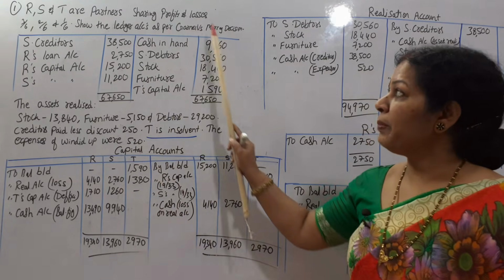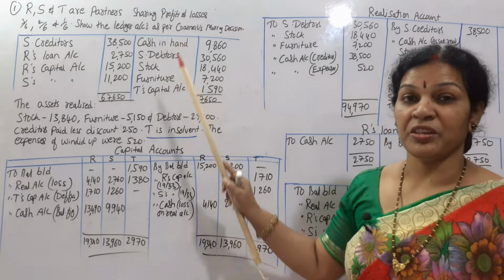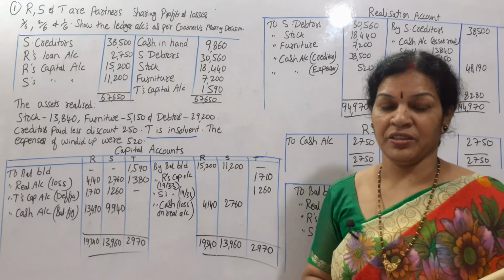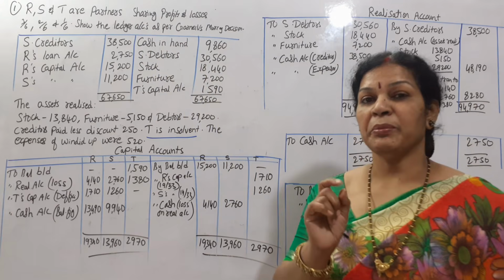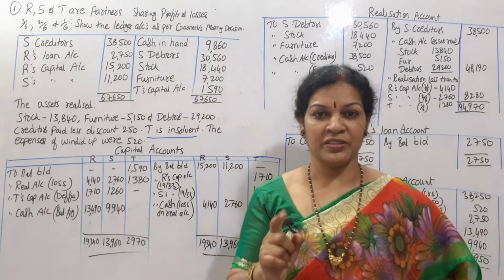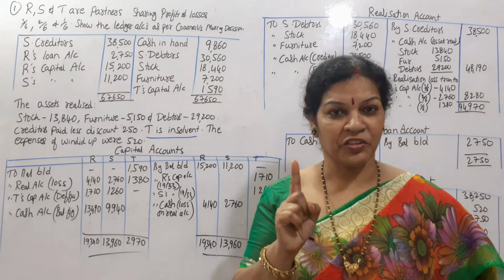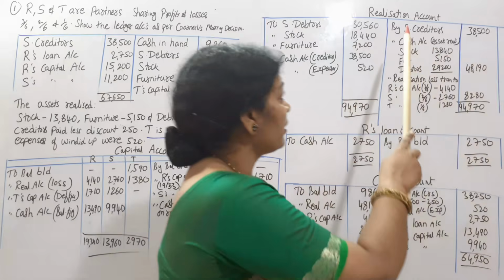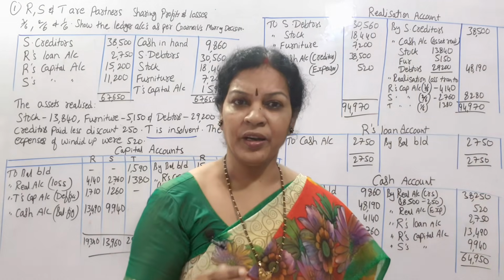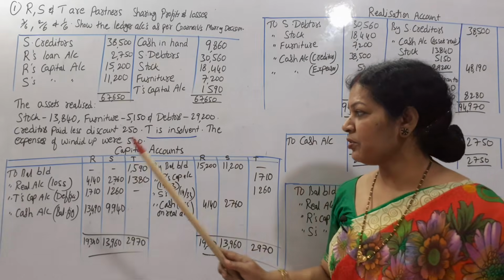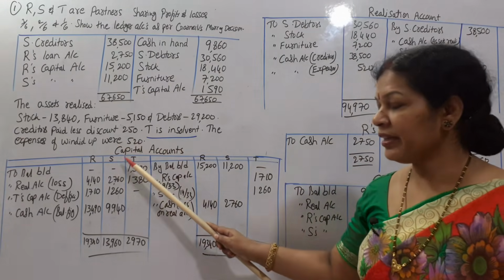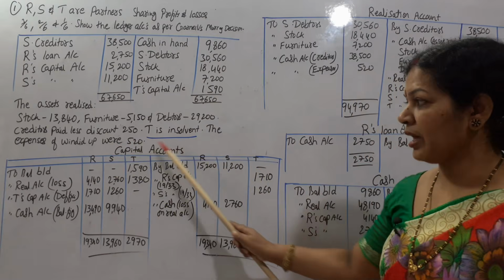Now, you have to prepare necessary ledger accounts as per the Garner and Murray case. Remember always, whenever insolvency is there, you have to prepare one is realization account, and of course capital accounts together. I have prepared R, S, T capital accounts together.